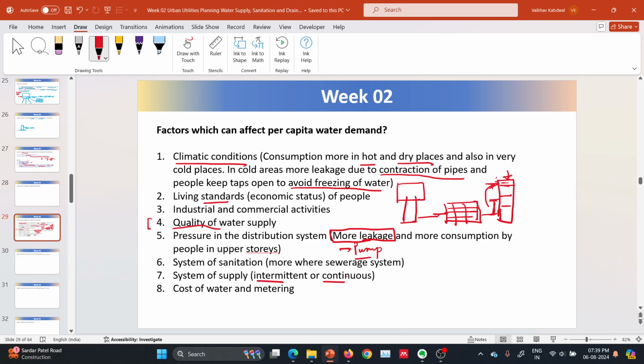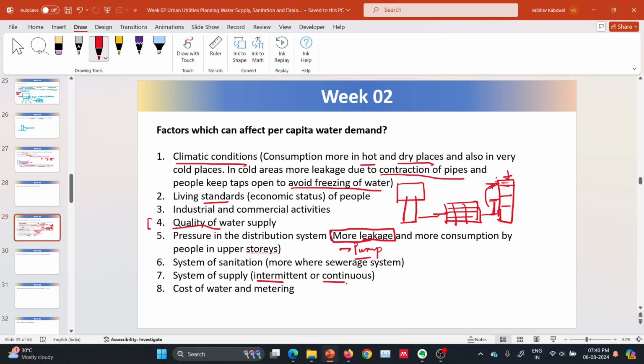In an intermittent system, the water is supplied at a particular time. So what happens? The people where the intermittent supply is there generally keep their taps open to know whether the water has come or not.